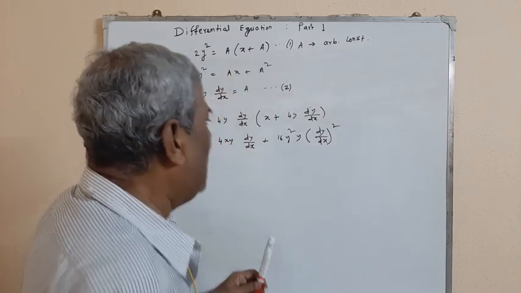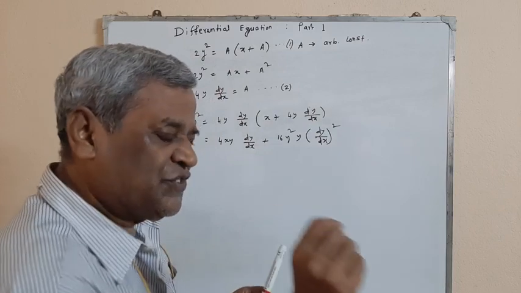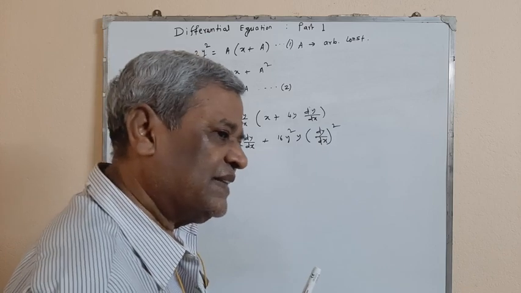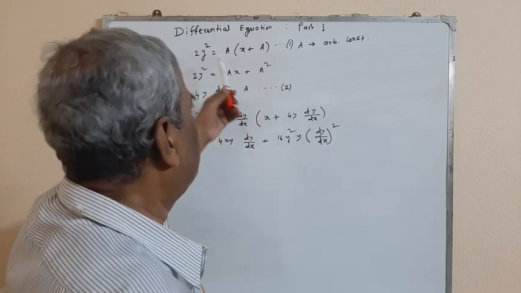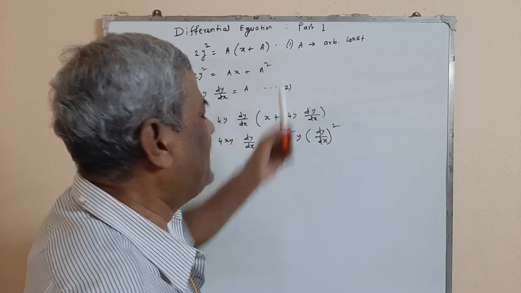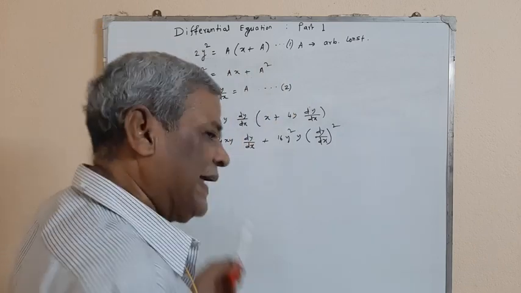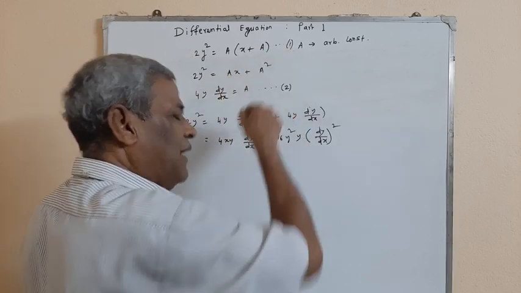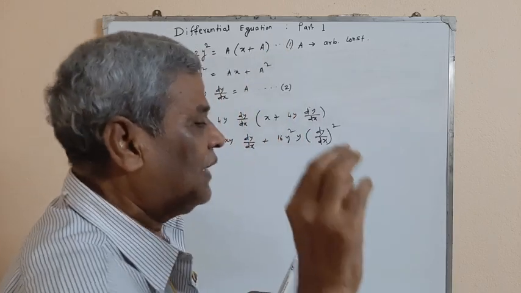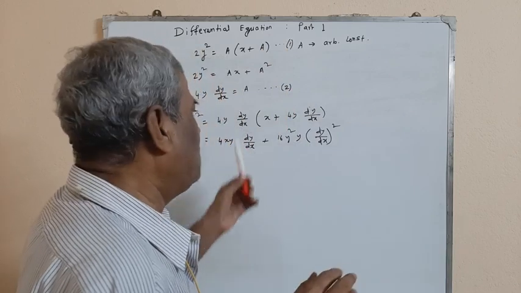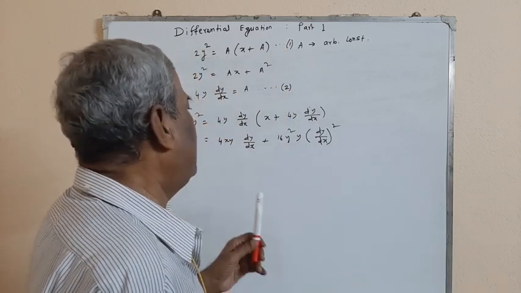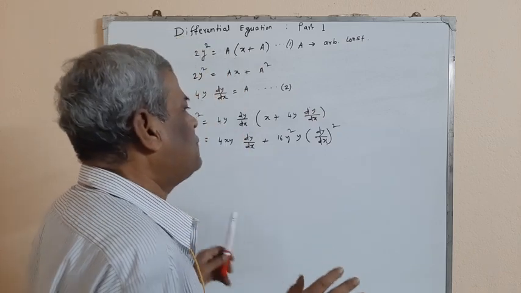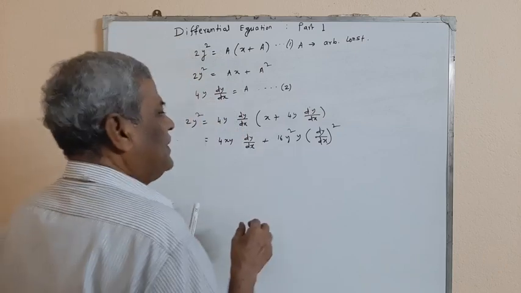So once again, I am discussing. First, observe how many different arbitrary constants are there. If it is 1, then differentiate both sides with respect to x. So you get another relation. Now from the original equation and the derived equation, eliminate the arbitrary constant, and that will give you a relation involving x, y, dy/dx, etc. This is the corresponding differential equation.